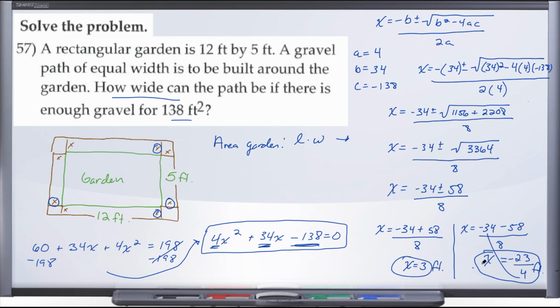No, of course not. We can't have negative distance, so we can drop that answer completely, and the only one we're left with is one that makes sense: the path is 3 feet. So there's your answer. How wide can the path be if there's enough gravel for 138 square feet? The path can be 3 feet wide all the way around.